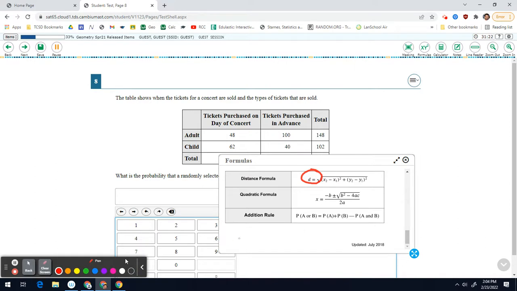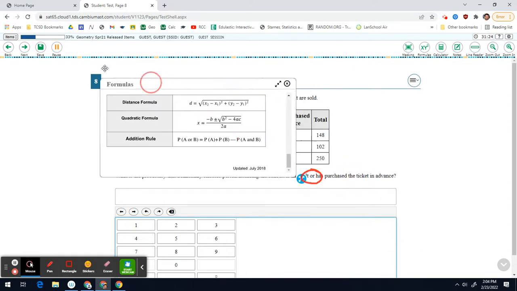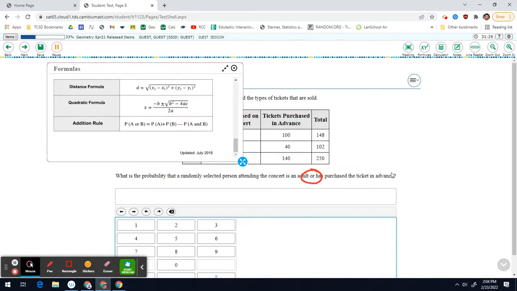So in this case, we want to know what is the probability that we have an adult or purchased in advance. So adult is going to be our A, and in advance is going to be our B. So what we're going to do here is take the probability of an adult or advanced. So I'm putting a V for advanced.